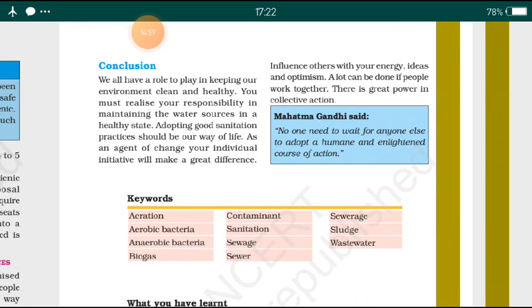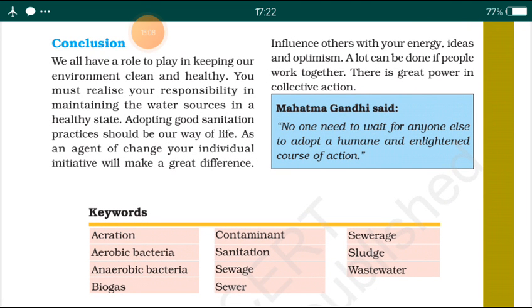So what is the conclusion? We all have a role to play in keeping our environment clean and healthy. You must realize your responsibility in maintaining the water sources in a healthy state. Adopting good sanitation practices should be our way of life.